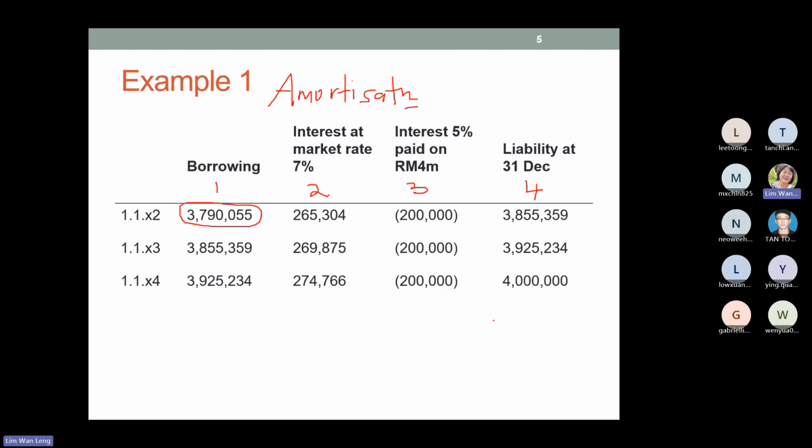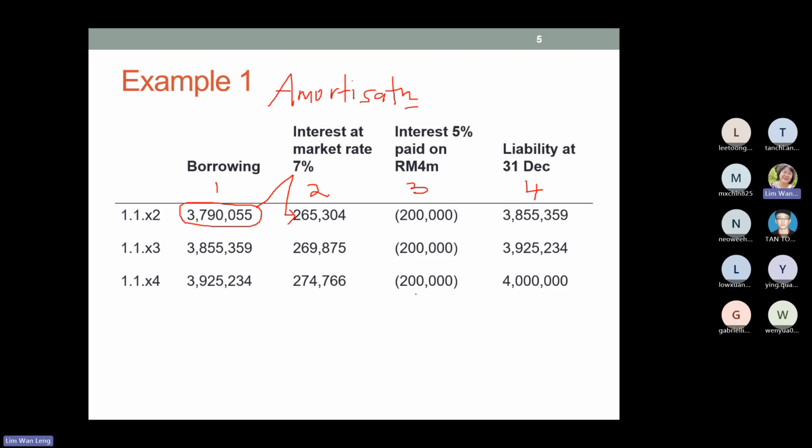Extract that figure and put it in the first column of your amortization table. The second column is the interest based on the effective interest rate, and in this case it was 7%. So this figure, 3,790,055, times 7%, gives you column 2's first figure.